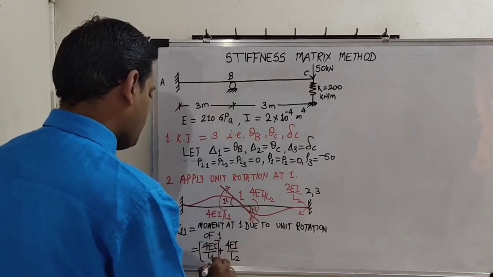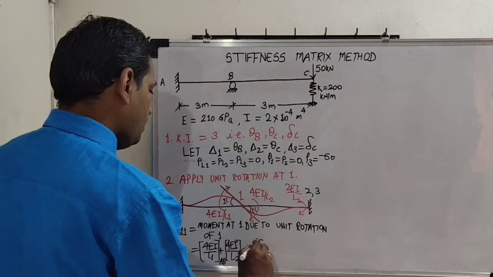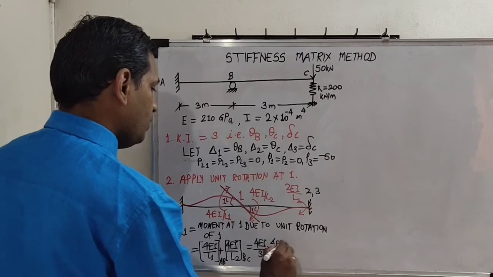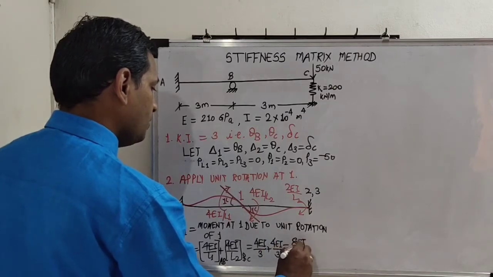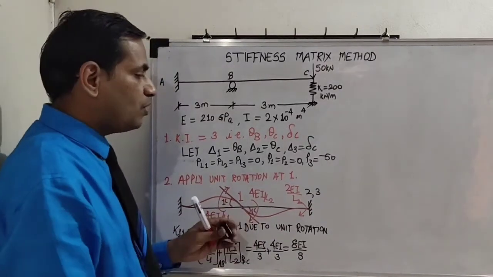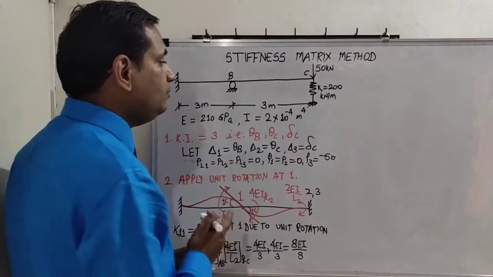The first value is from span AB, the second is from span BC. So 4EI by 3 plus again 4EI by 3. Both spans are 3 meters. So it is 8EI by 3. K11. We will keep it as it is just for the ease of calculation, nothing else.